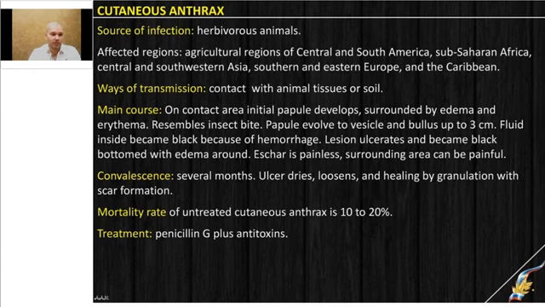The disease is transmitted by contact with animals or animal tissues. It can be butchers, veterinary doctors, zookeepers, or even construction activity with soil infected with or containing spores of Bacillus can lead to infection as well.